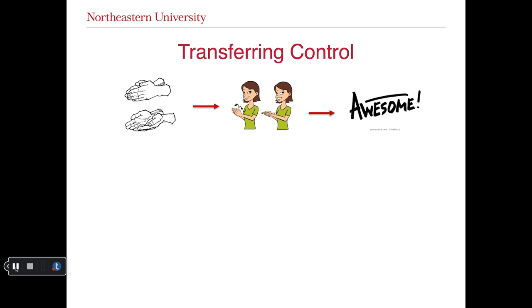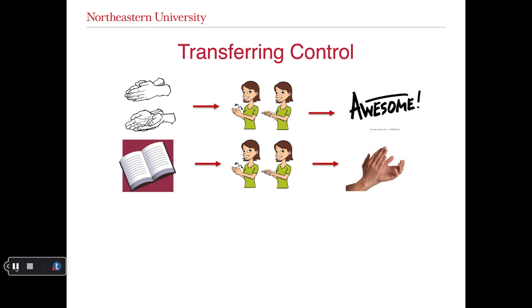So, for instance, if you have a situation where when you sign book, the student signs book because of a history of some kind of generalized conditioned reinforcement, you may be able to use that in order to transfer stimulus control from your sign of book to a picture of a book.